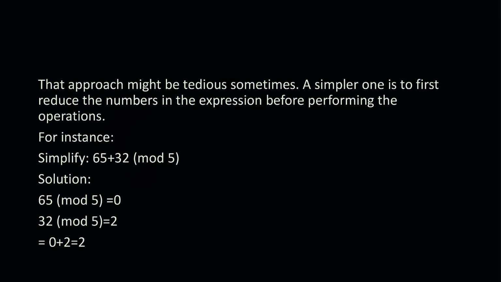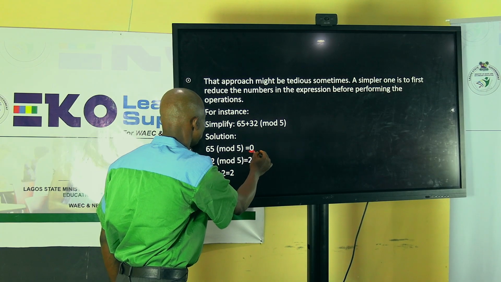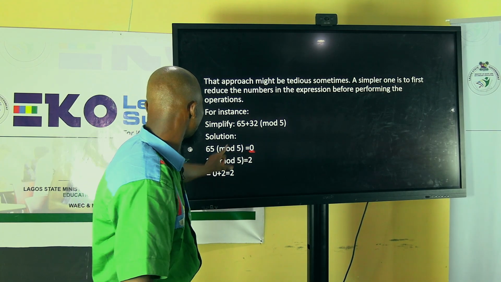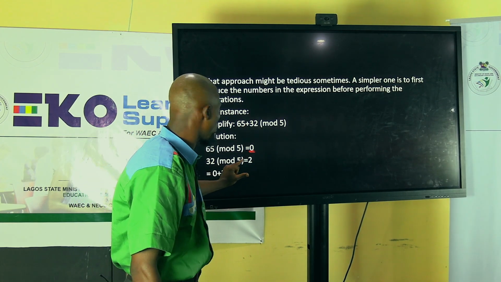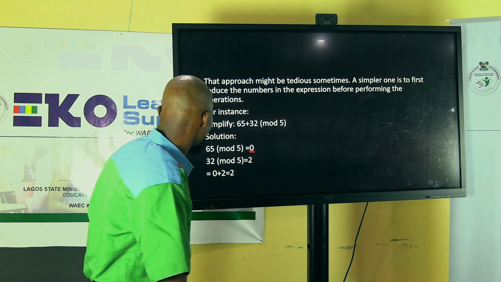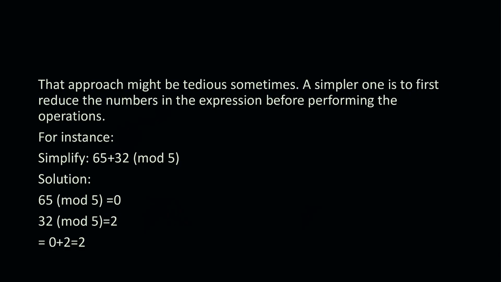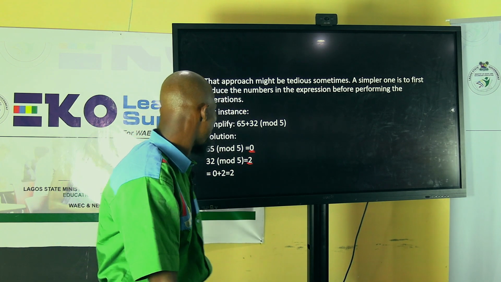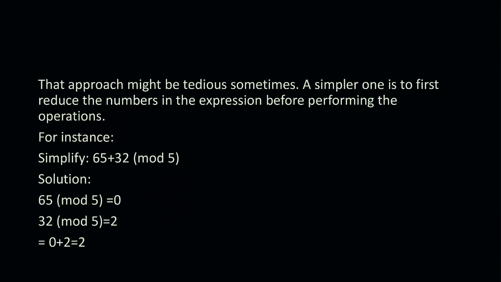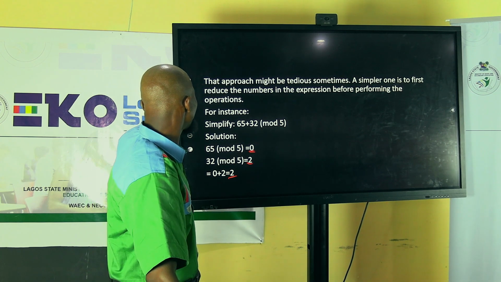What will it give us? 0, because there is no remainder. Then pick 32. 32 modulo 5 is what? What will be the remainder when you divide 32 by 5? The answer to that is 2. So then we can now pick the two of them. 0 plus 2 is 2. So that is the solution.